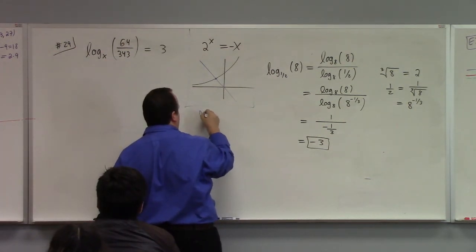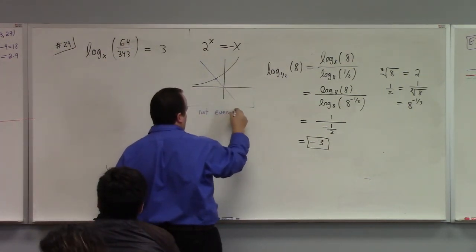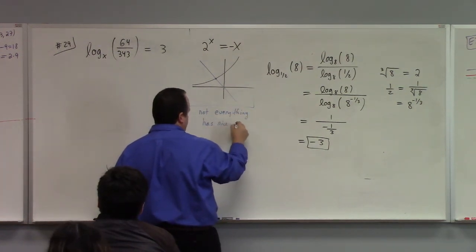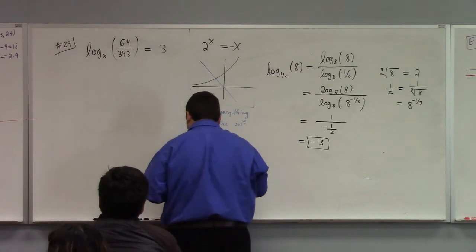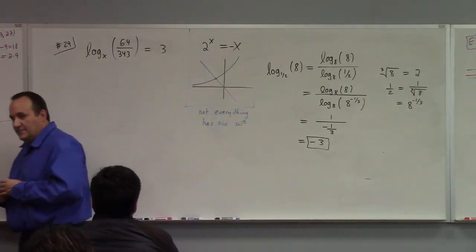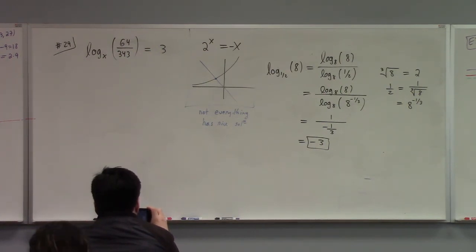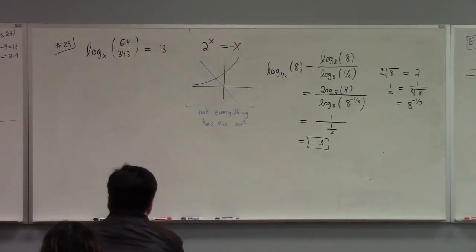Not everything has a nice solution, and you don't even need complicated formulas to get equations without nice solutions. 2 to the x equal to minus x is a pretty simple equation.